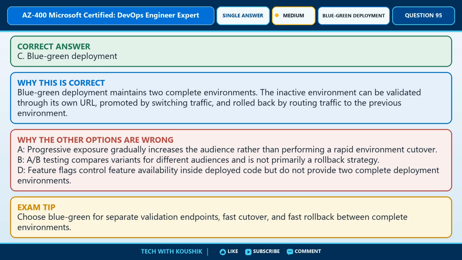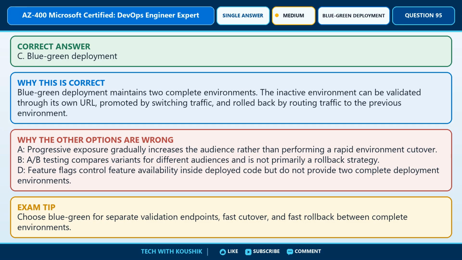The correct answer is option C, blue-green deployment. Here's why. Blue-green deployment maintains two complete environments. The inactive environment can be validated through its own URL, promoted by switching traffic, and rolled back by routing traffic to the previous environment. Why are the other options not correct? A. Progressive exposure gradually increases the audience rather than performing a rapid environment cutover.